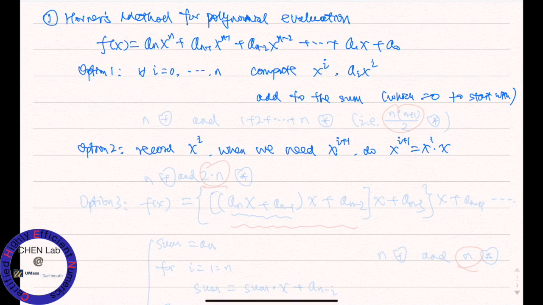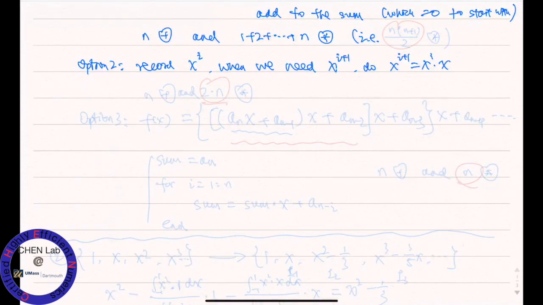We're going to have n additions, and how many multiplications? We have 1 plus 2 plus all the way to n. You can all add them up, right? That's n times (n plus 1) over 2 multiplications.